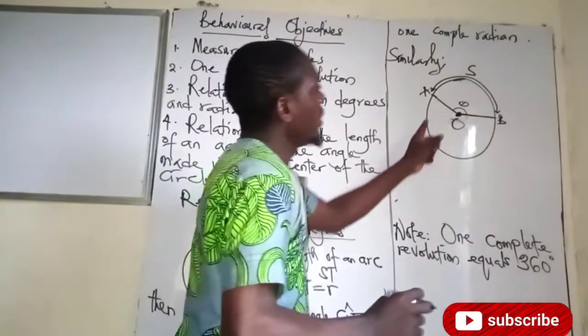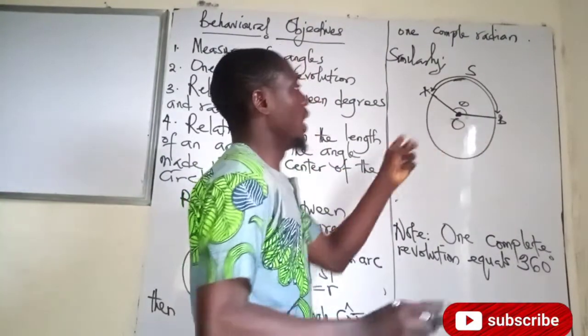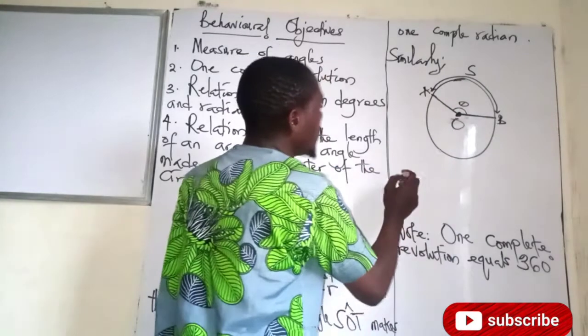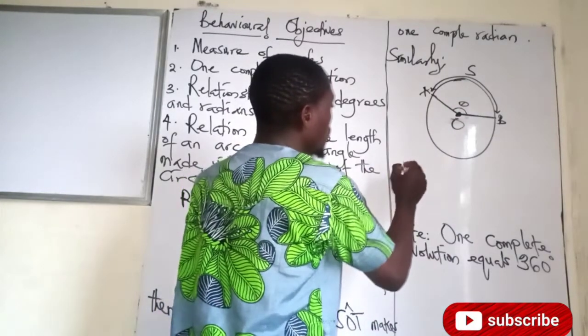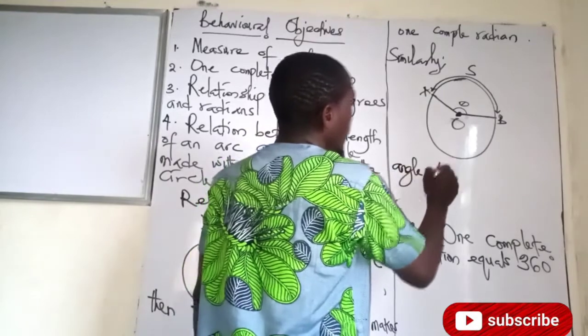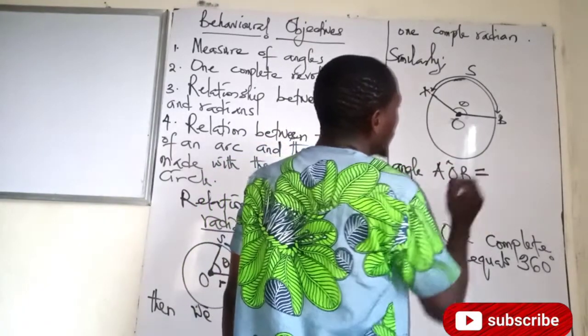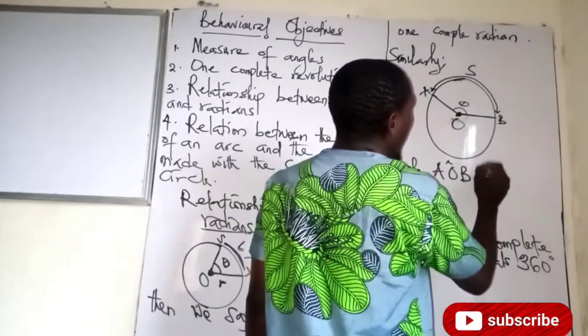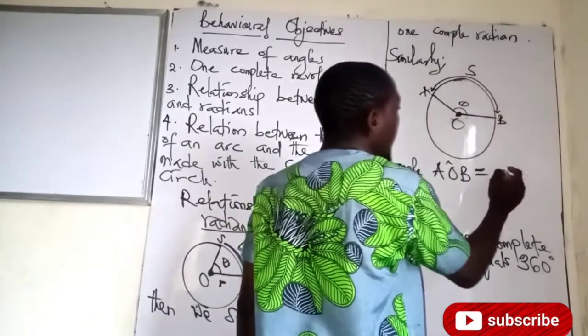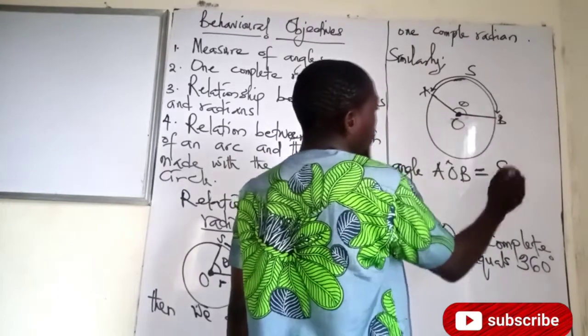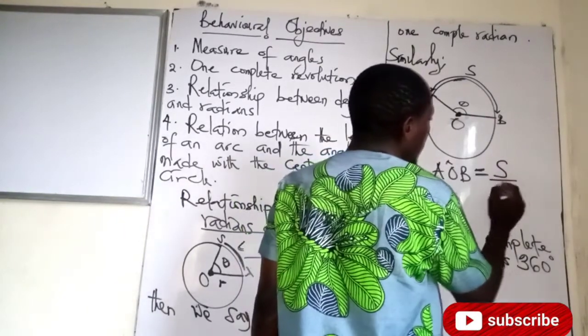So here, if we want to relate the theta in degrees with the radian, we say that angle AOB equals the length of an arc, which is S, over the radius.